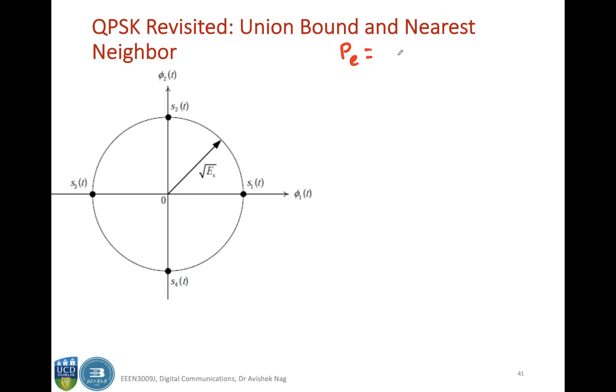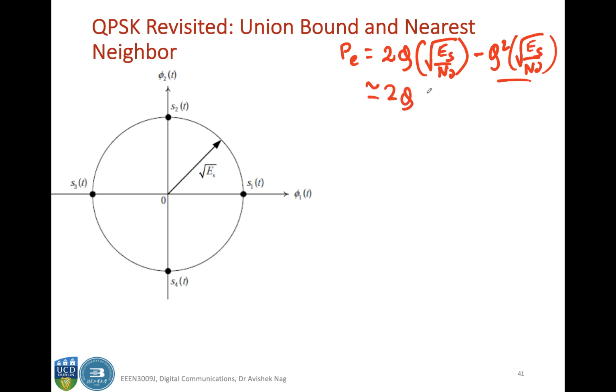So probability of symbol error for QPSK was roughly twice of Q of this value, minus Q square of this, and then we argued that for high SNR this value is so small that we can write approximately that this is twice Q of this value.